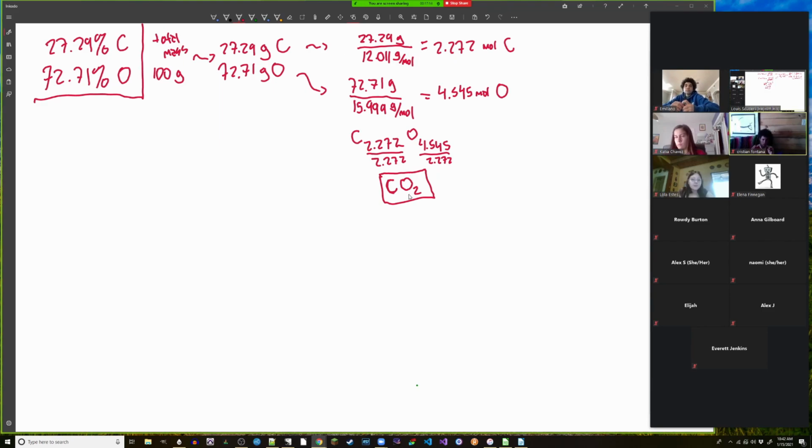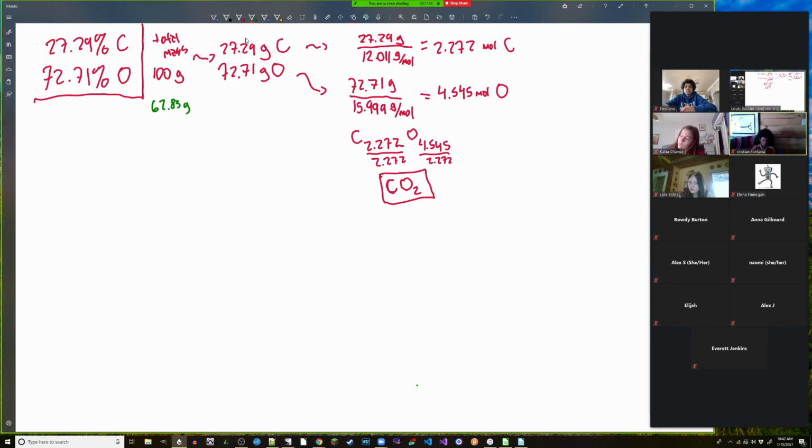This is exactly the procedure we have used before, and it's just one extra step of converting these percents into grams. You could do this any way you want, right? You could assume the total mass is anything you want. You could assume the total mass is, I don't know, 62.83 grams.